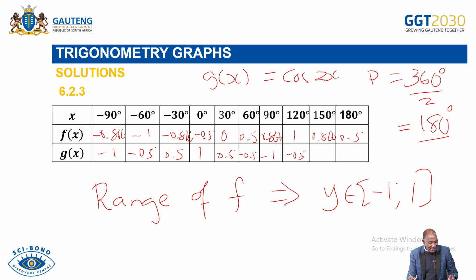Then at 150, you have 0.5, and then my last one is a 1. Right. Thank you. That's your table, and that's how you could have completed that table.